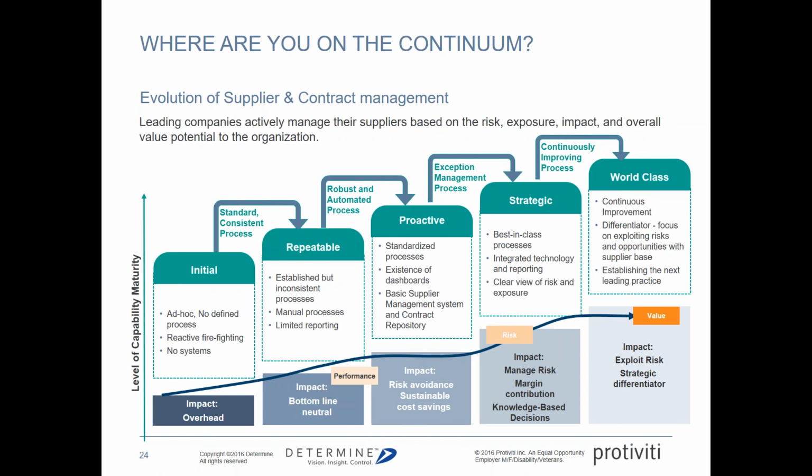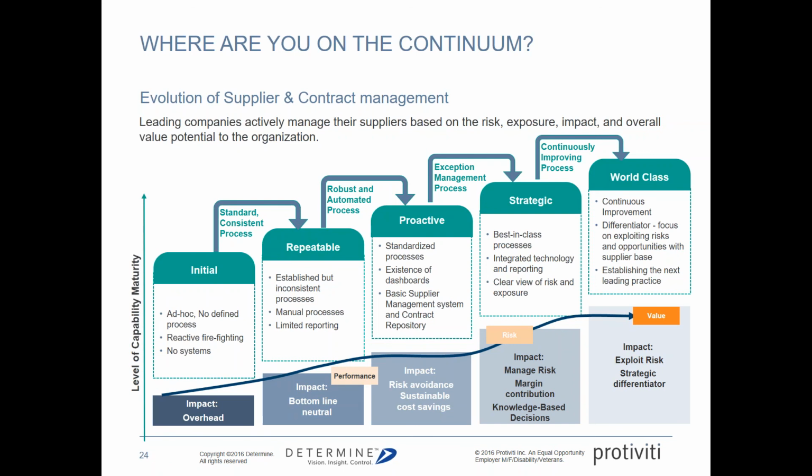The initial focus typically in that case is around performance management from a supplier standpoint. As companies mature, they later move into more standardized processes, more robust processes, use of dashboards, and typically more advanced technology, while then starting to consider the elements of risk in terms of managing that supplier relationship.